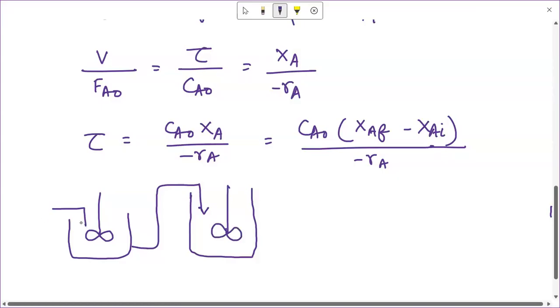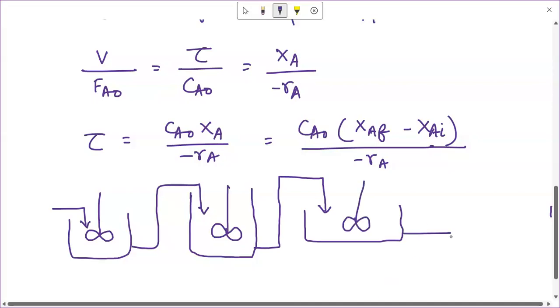So this was the inlet point, and then we have another. You can clearly understand that they are of different sizes. Okay, so initially at the first reactor, this is reactor 1, 2, 3.